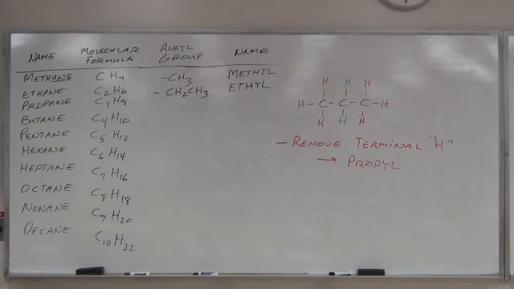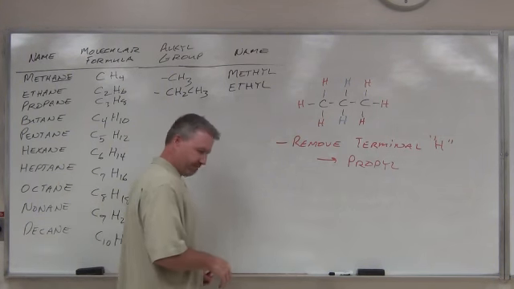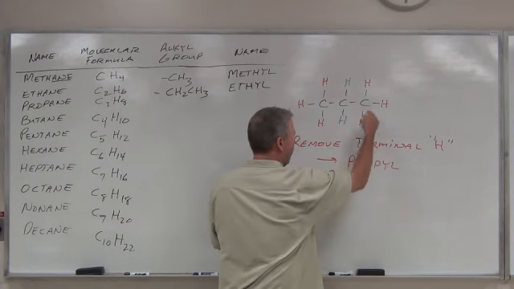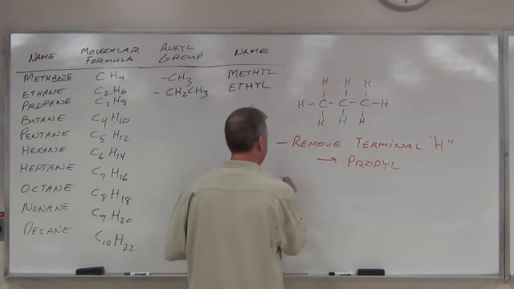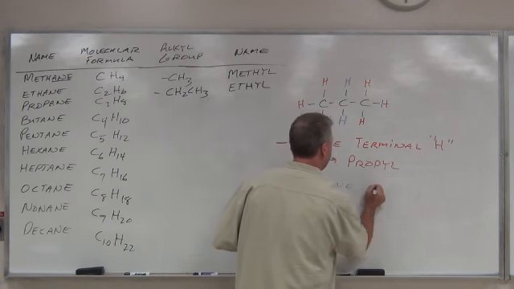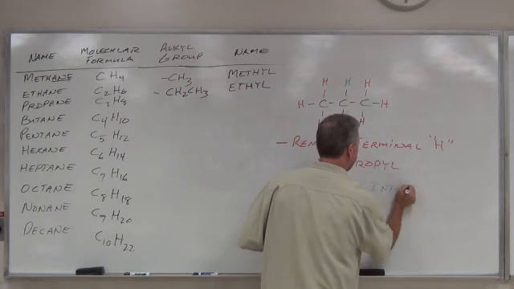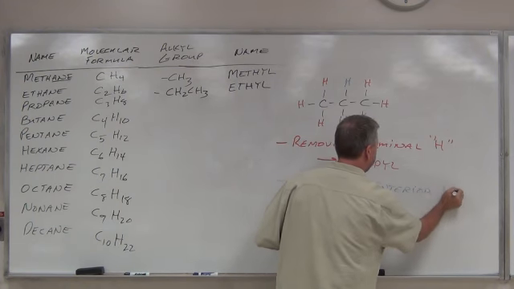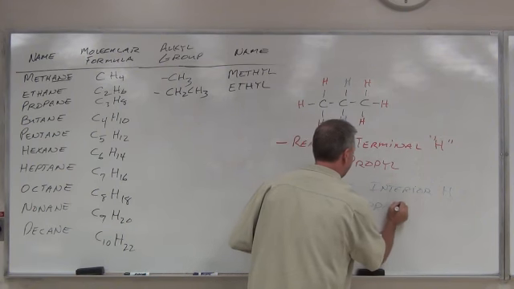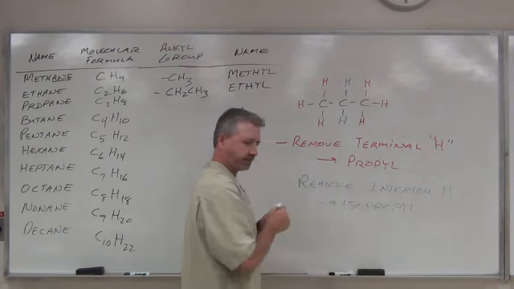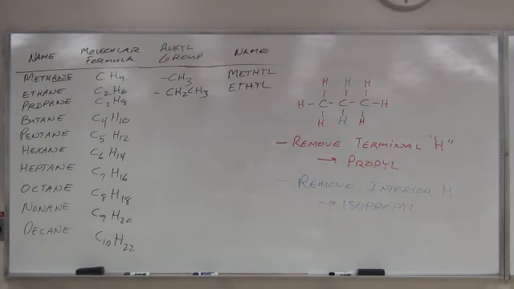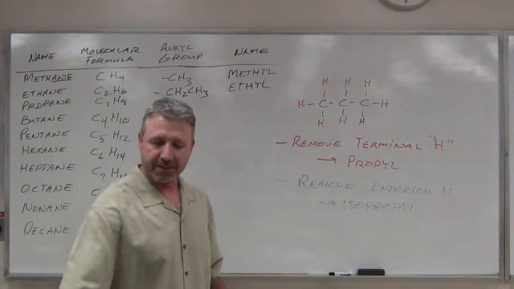If you remove an interior hydrogen, obviously the terminal ones are the red. If you remove one of the blue ones, an interior hydrogen, you get the isopropyl group.